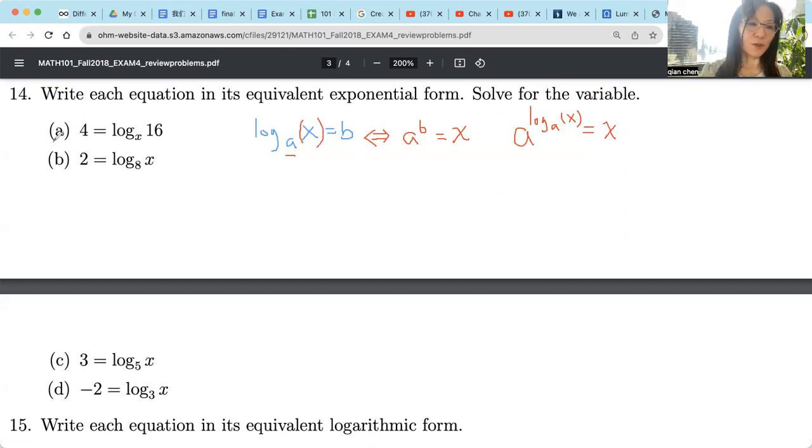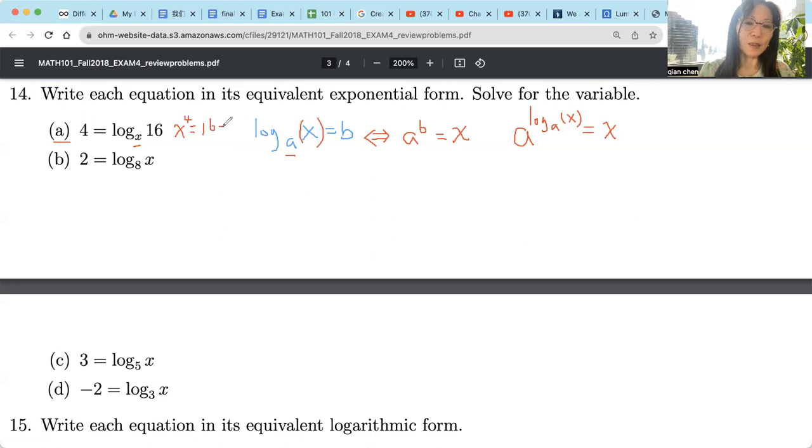Now let's look at 14, question 8. So we want to write each one of these in exponential form. So the base here is x, right? That means x raised by 4. We also want to solve for the variable x equals to 16.